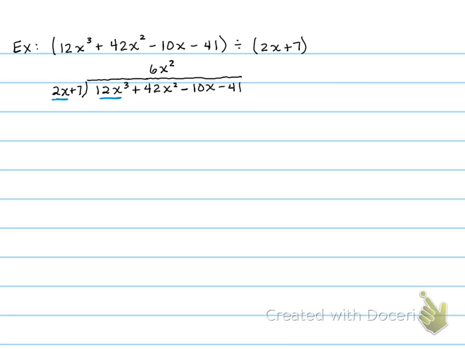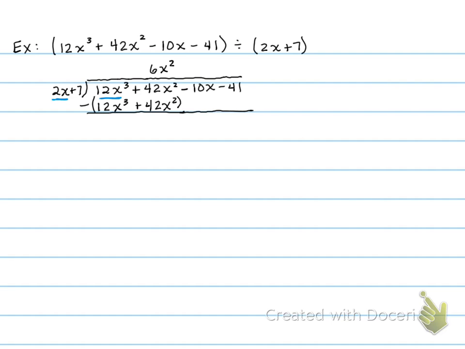Now we'll multiply 6x squared by 2x plus 7. 6x squared times 2x gives me 12x to the third, and then 6x squared times 7 gives me 42x squared. Oh, this was a bad problem for me to do, but that's okay.